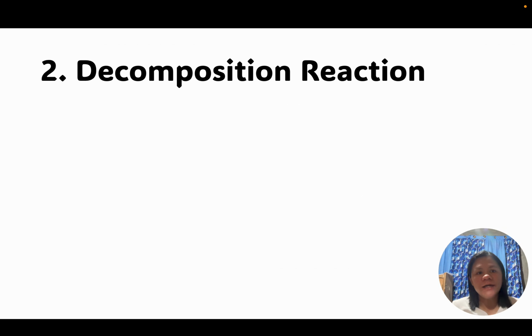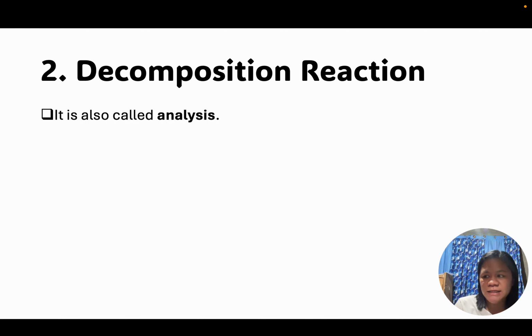So the second type of chemical reaction is the decomposition reaction. It is also called analysis. So when we analyze, we break things down into pieces in order for us to analyze that specific material.